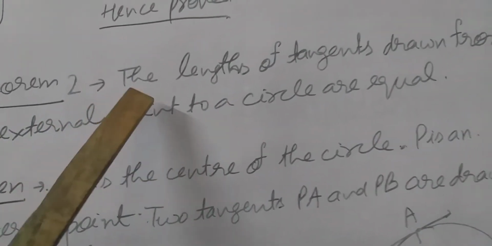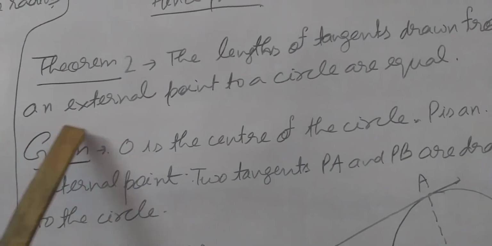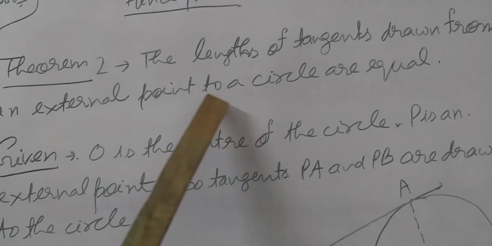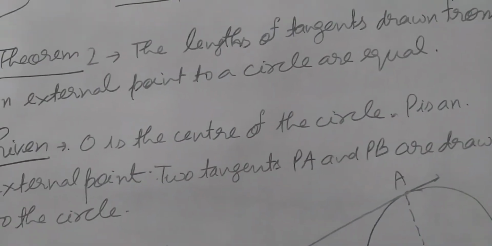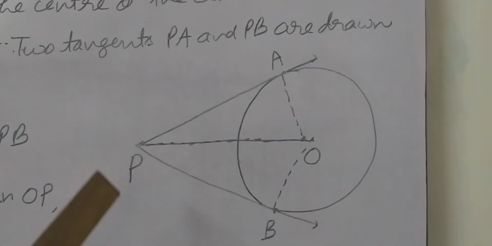Okay students, now the second theorem. Theorem number 2: The lengths of tangents drawn from an external point to a circle are equal. I have drawn a figure.